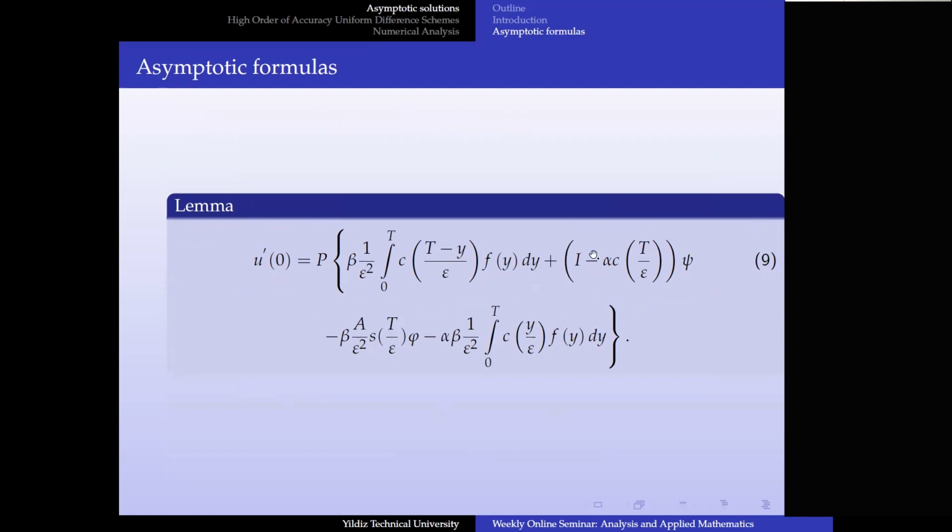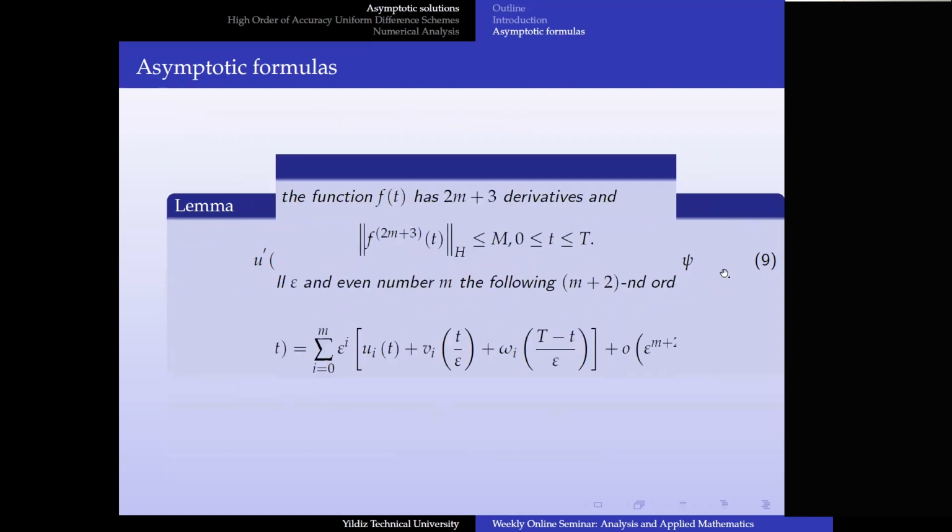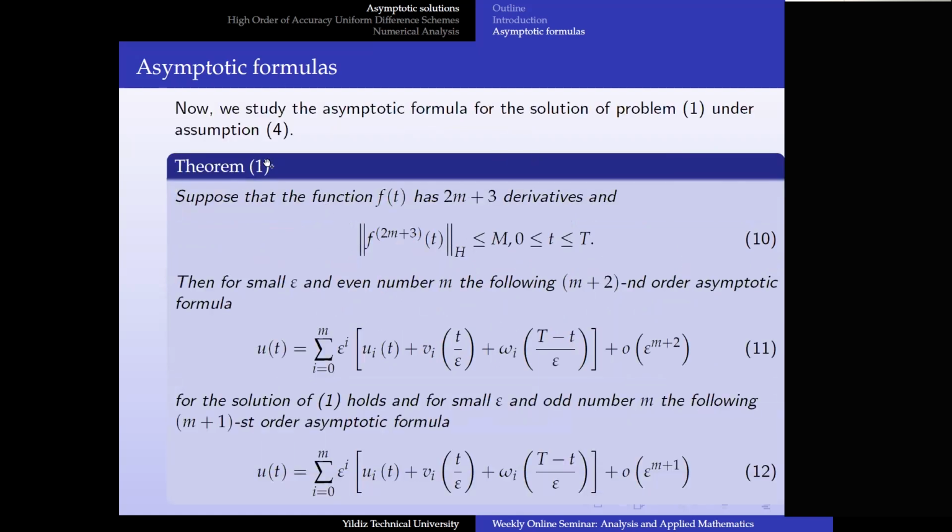Here you see we modify the initial conditions with respect to our non-local boundary conditions, with coefficients alpha and beta.